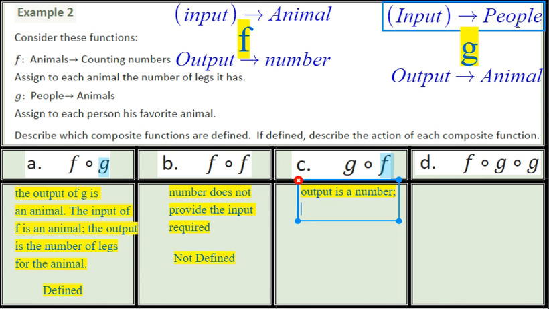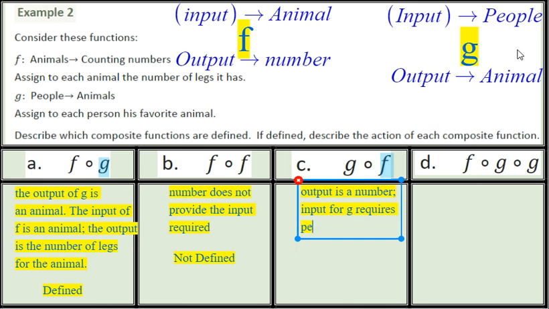But my input to g requires people. Since my number can't be replaced by people, this is not defined.